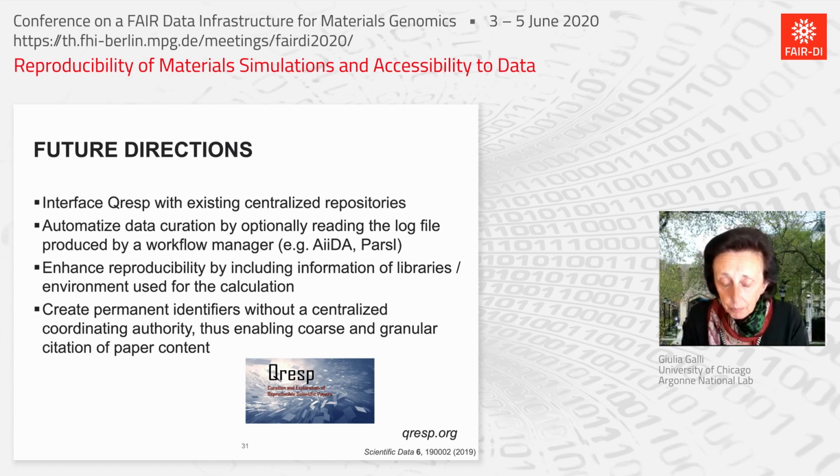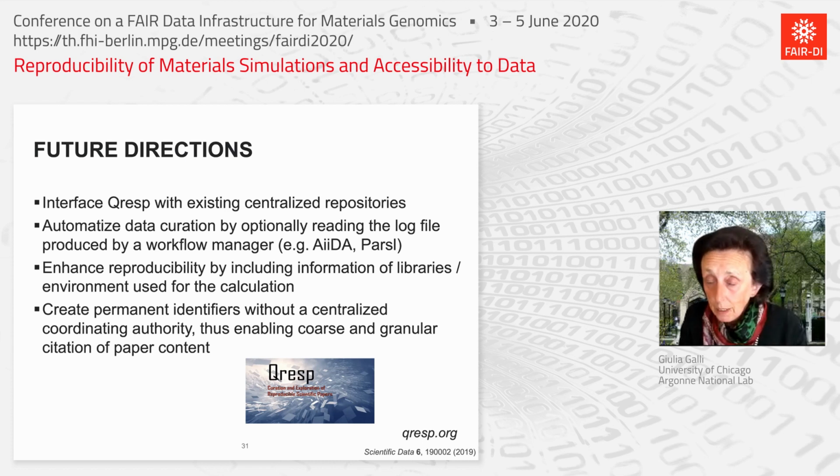And then we do need a permanent identifier for the data without a centralized coordinating authority. And this is something that has prevented us, for example, from having the American Physical Society, with which we have been talking for a long time, put links to the Qresp data that we have been putting out there, because they want a permanent identifier.